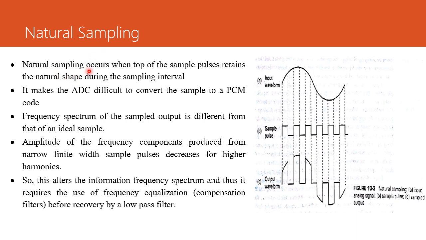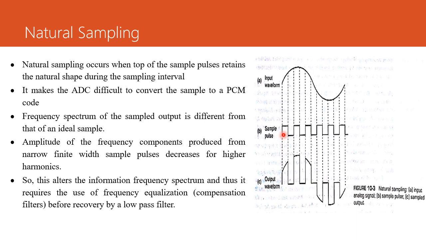Natural sampling occurs when the top of the sample pulse retains the natural shape during the sampling interval. So the sample pulses retain the natural shape. That is why it is known as natural sampling. In this waveform, figure A represents your analog input signal, figure B represents the sample pulse, and in C we have the output waveform.